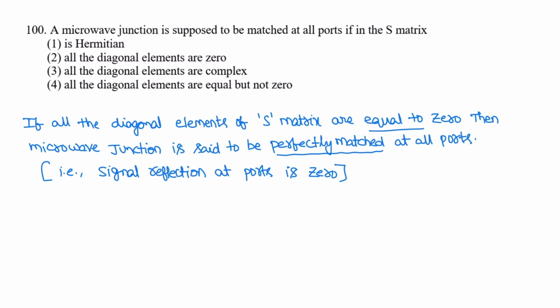So signal reflection is 0. Therefore, the signal reflection at the ports is 0. The entire signal is transmitted. So the correct option is all the diagonal elements are 0. Correct option is 2.